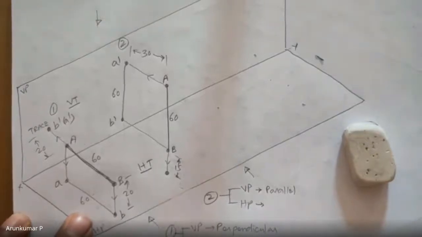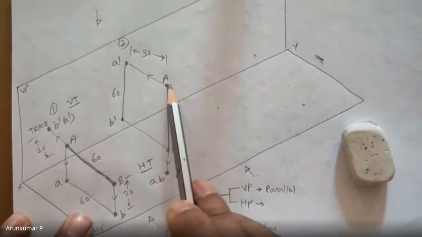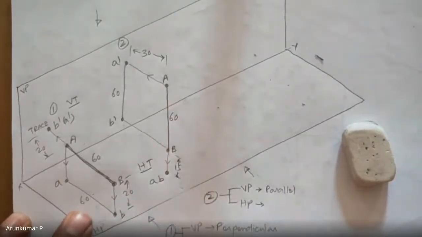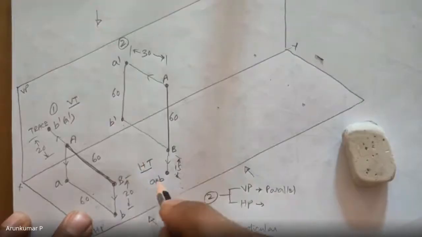Nothing but a point. How do you name this point? Of course, small a, small v. But when you look from the top, which point is seen first, A or B, in the top view? A. Yes. So you have to put B in bracket.